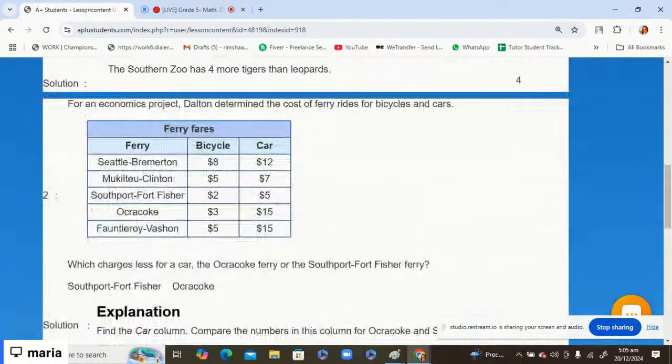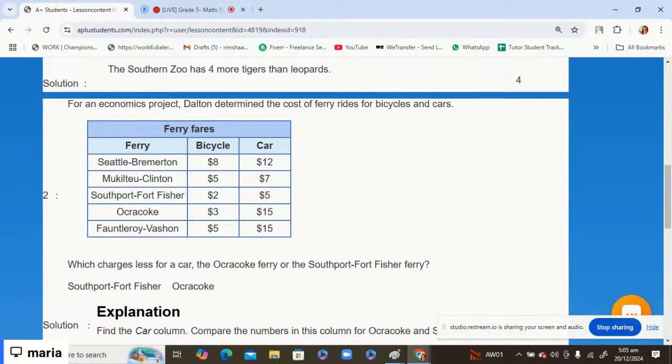For an economics project, Dalton determined the cost of ferry rides for bicycles and for cars. The ferries are given: Settled, Bramerton, Buccleuch Clinton, then Southport Fort Fisher, then Ocracoke, and the last one is Fauntleroy Vashon.